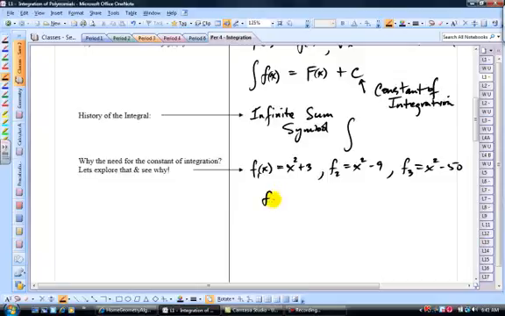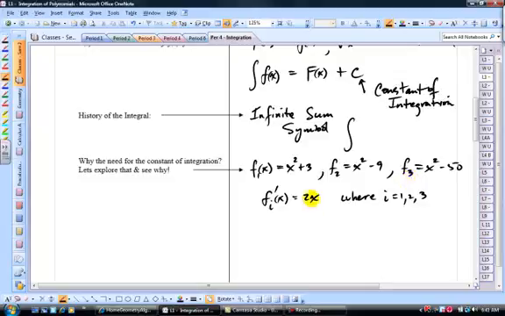So for f sub i, where i equals 1, 2, 3, f prime is 2x. If you differentiate all those functions, you get 2x no matter what the constant is.